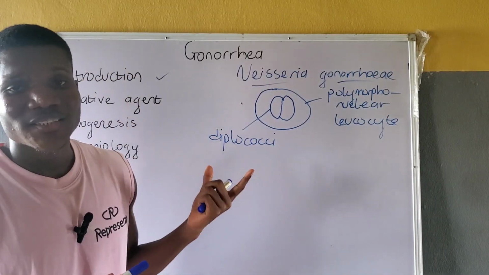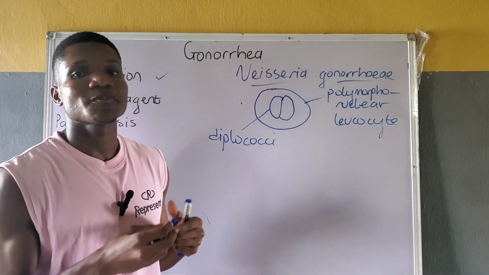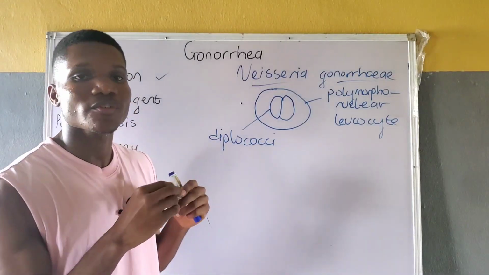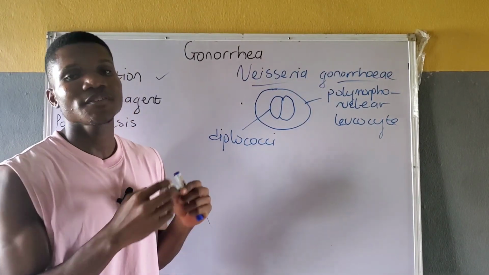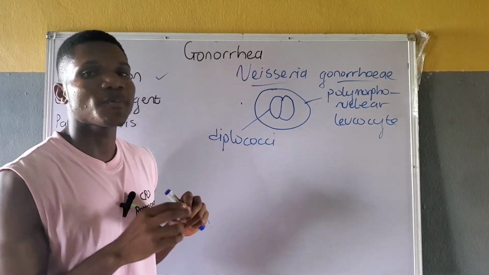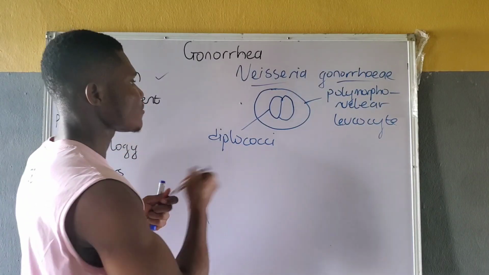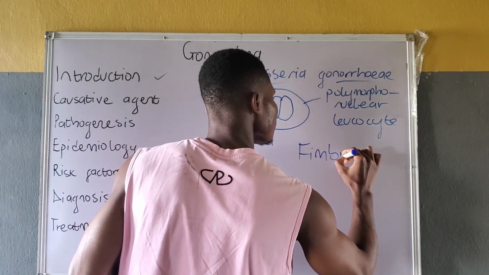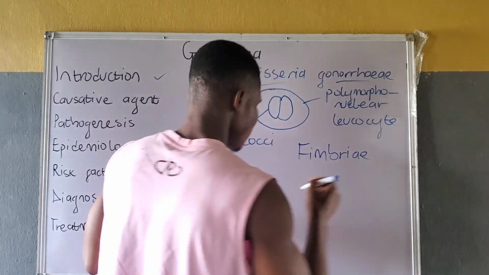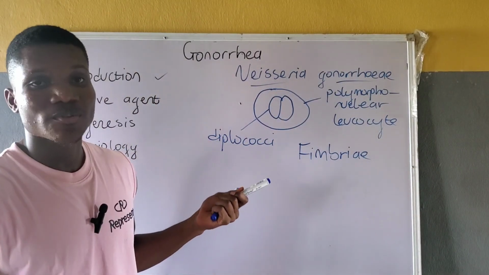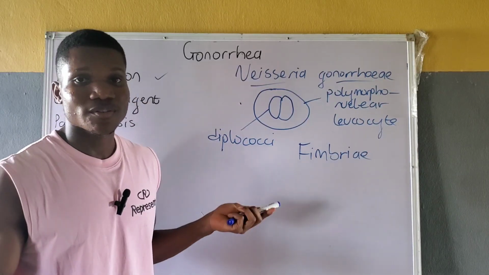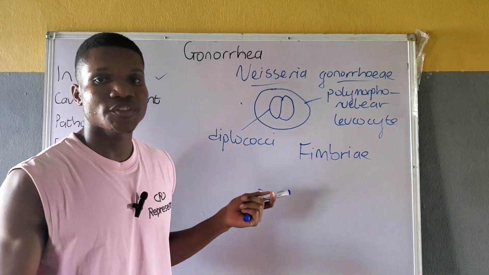Neisseria gonorrhoeae has specific virulence factors that it uses to carry out its pathogenicity within the body. These virulence factors include, one, the pili, specifically the fimbriae. It uses the fimbriae to attach to the mucosal epithelial cells of the host, particularly of the urogenital tract.